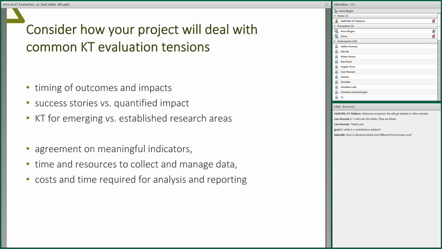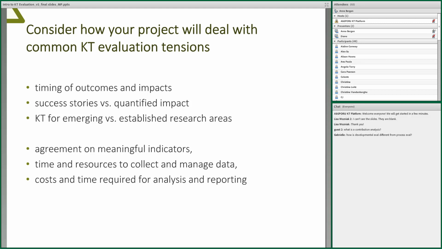You also want to start from any project thinking about how you're going to deal with these really common KT evaluation tensions, and there are no easy answers to these ones. So first, if you think about the timing of outcomes and impacts, you may have funding to do the evaluation as the project is closing and say 6 months later, but the impacts might take several years to unfold.